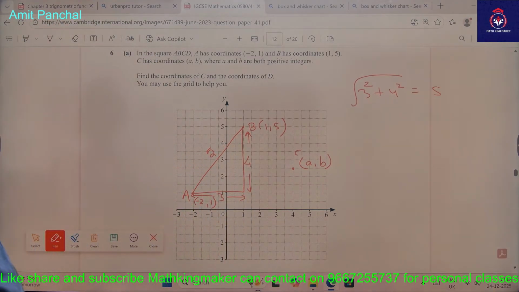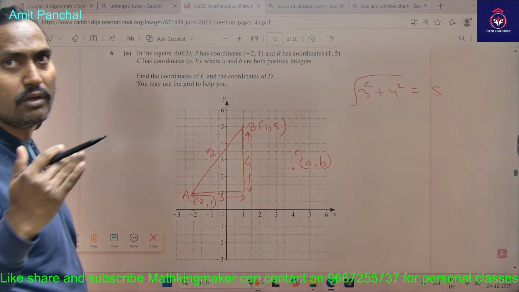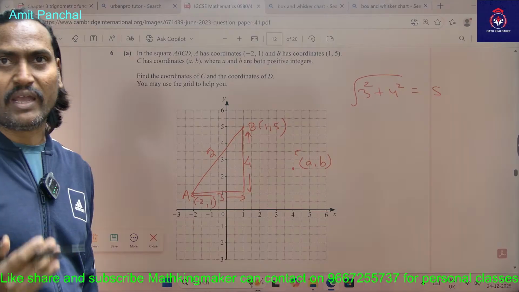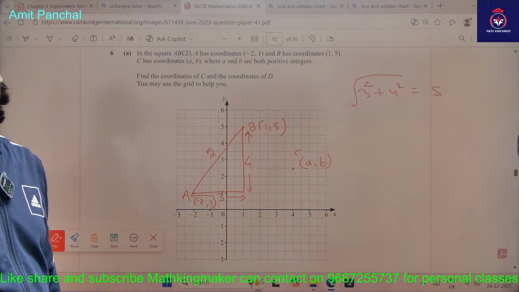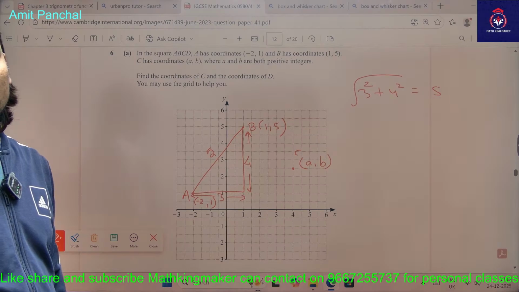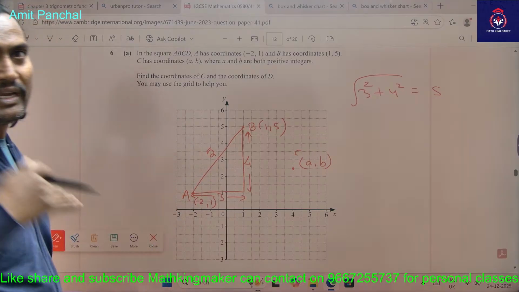Now, where will your next side be? In a square, we have opposite sides as parallel as well as equal, isn't it? Okay. And that will also be at the same distance.